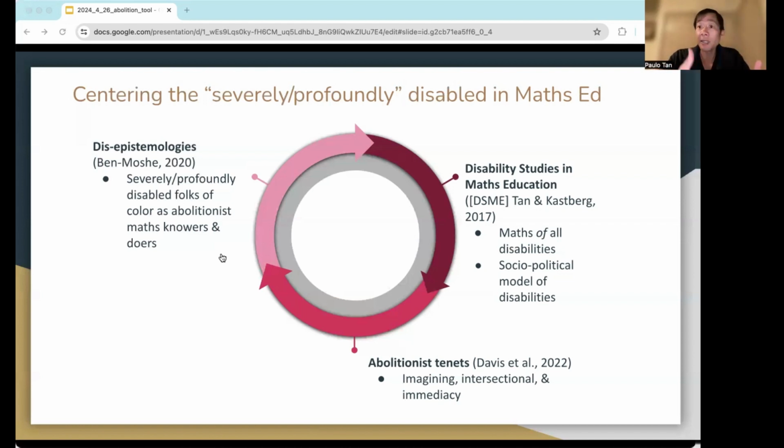However, the idea that I'm proposing here, which is aligned to prison abolition and some of the works that I've also drawn from deinstitutionalization, is to center the ones we have the most challenges in so-called reaching. The case I'm particularly focused on is students with profound and severe disabilities, because they might not even be in most of our mathematics classrooms.